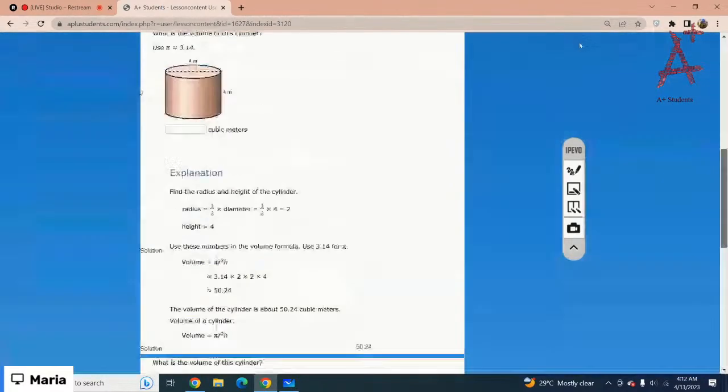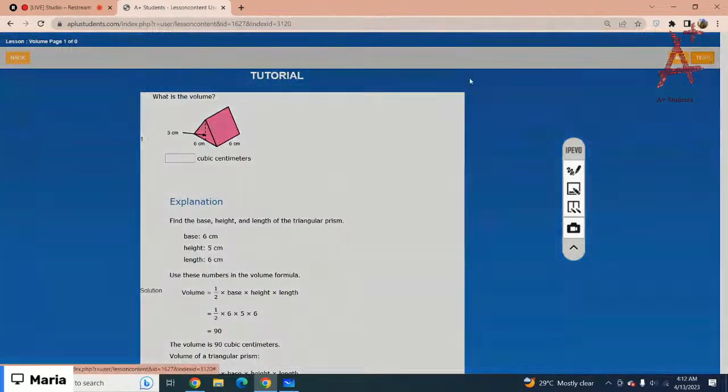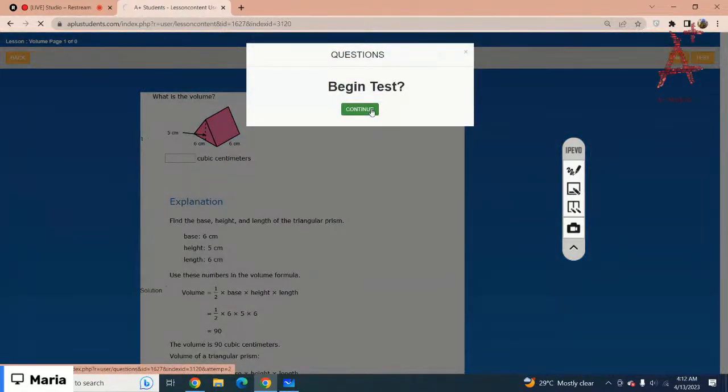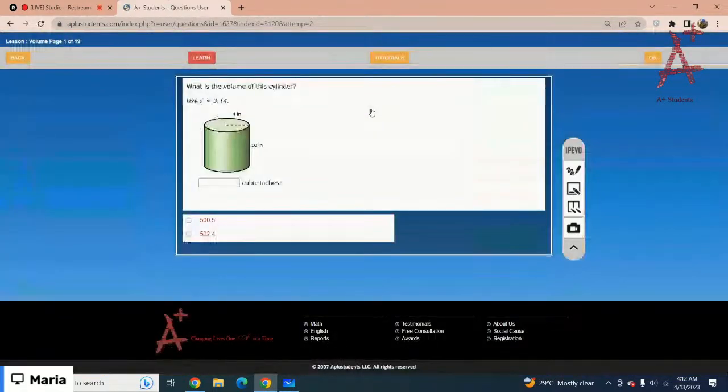The next one is again the cylinder. It would be V equals pi r squared h. Let's just start with the test question. What is the volume of the cylinder? You are given the radius, that is 4 inches, and the height, that is 10 inches.